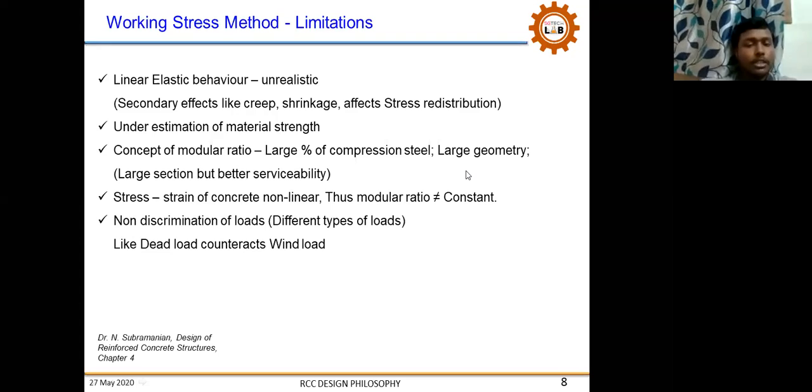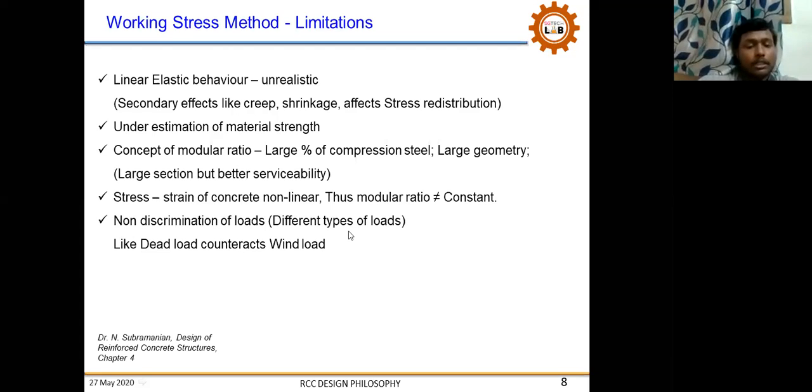So they have made the sections large, but with better serviceability. Large sections have better serviceability because they can stand for so much time. You can see so many examples standing today where most of these sections are very large. Large geometry obviously means better serviceability.